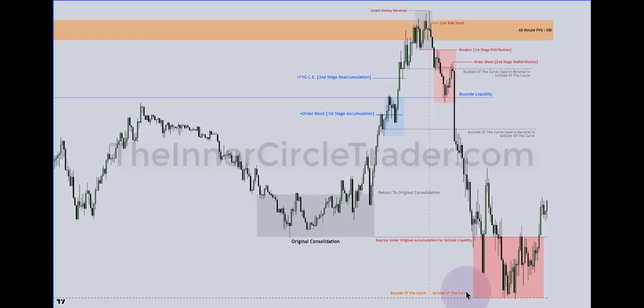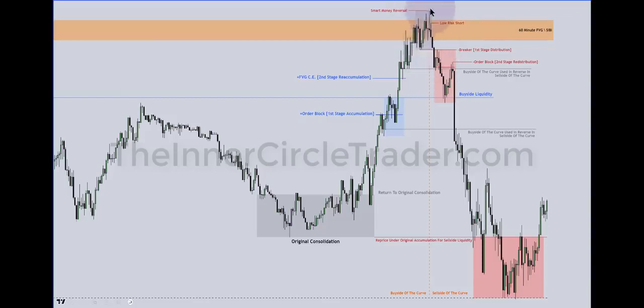What is sell side delivery going to be aiming for? The original consolidation low. Why? Because it wants to reprice under the original accumulation for sell-side liquidity, the stops that are resting below here. For traders that rode this up, they're married to the idea it's going to the moon, Bitcoin 100,000, that type of mentality. Eventually, it drops and goes and attacks them. Okay? So we went above the buy side here to a specific price point. We have a breaker.